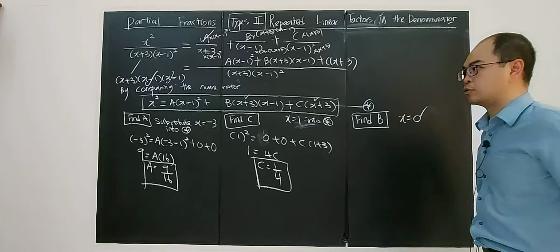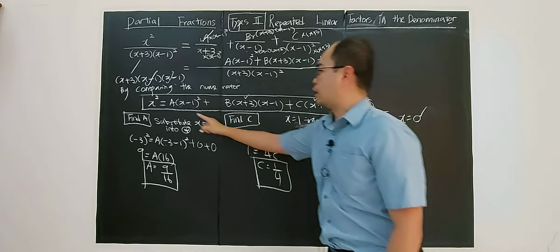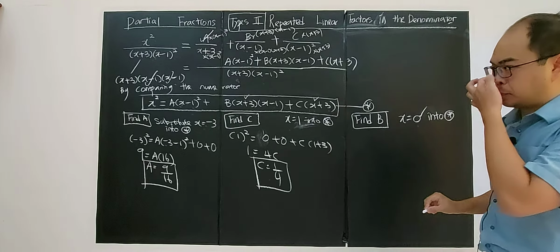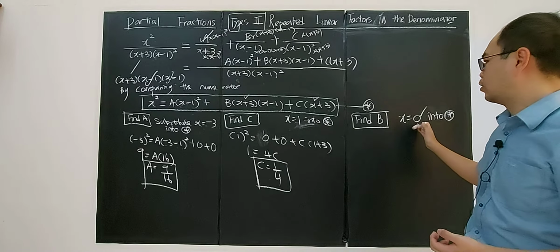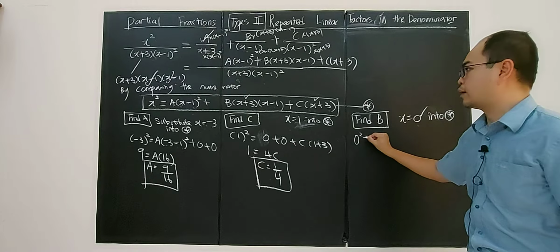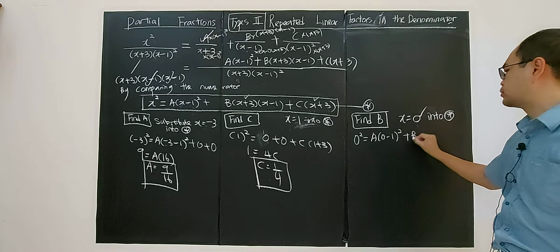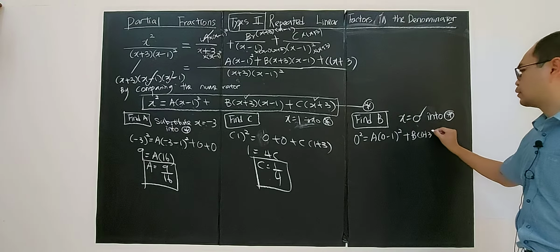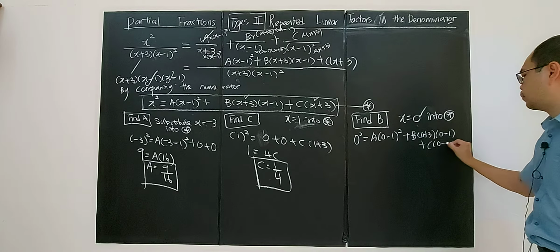For example, I choose 0. This is a special case here. So I put 0 into the equation. I do this when I have no choice. So any value, I choose 0 here. So 0 squared equals to a, 0 minus 1 squared, right? Never mind, just substitute. 0 plus 3. 0 minus 1 plus c, 0 plus 3.